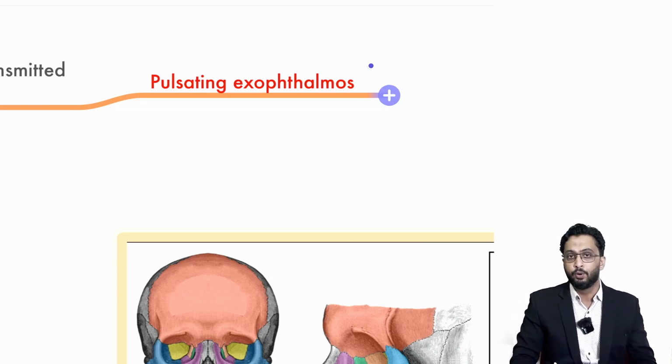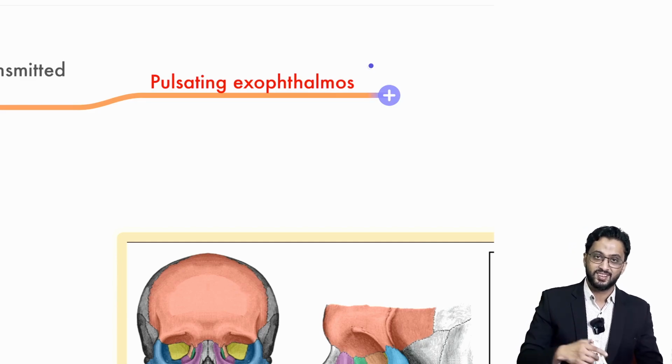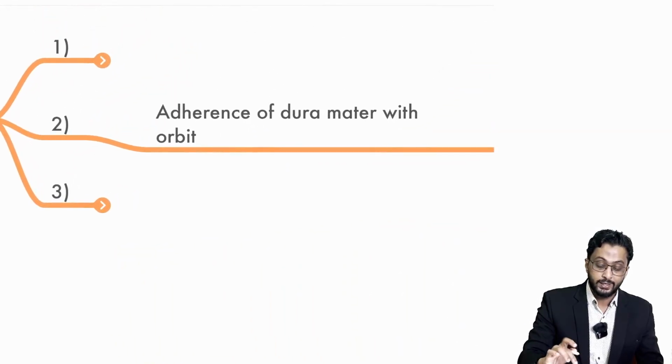Now you're talking about blow-in fracture. In blow-in fracture you have got proptosis, which is the same as exophthalmos. I told you, typically we use exophthalmos in goiter and proptosis in trauma. But in textbooks they talk about pulsating exophthalmos. So that is the next problem.